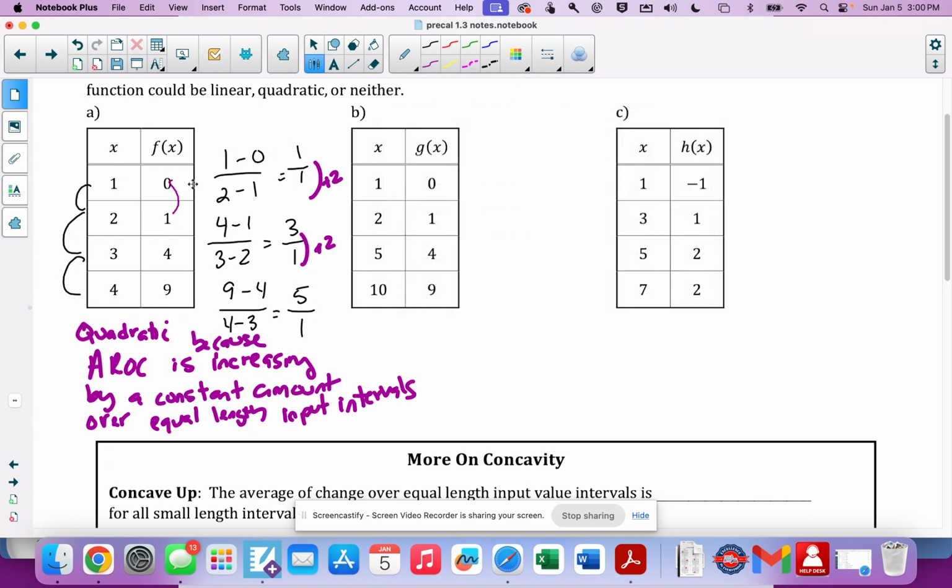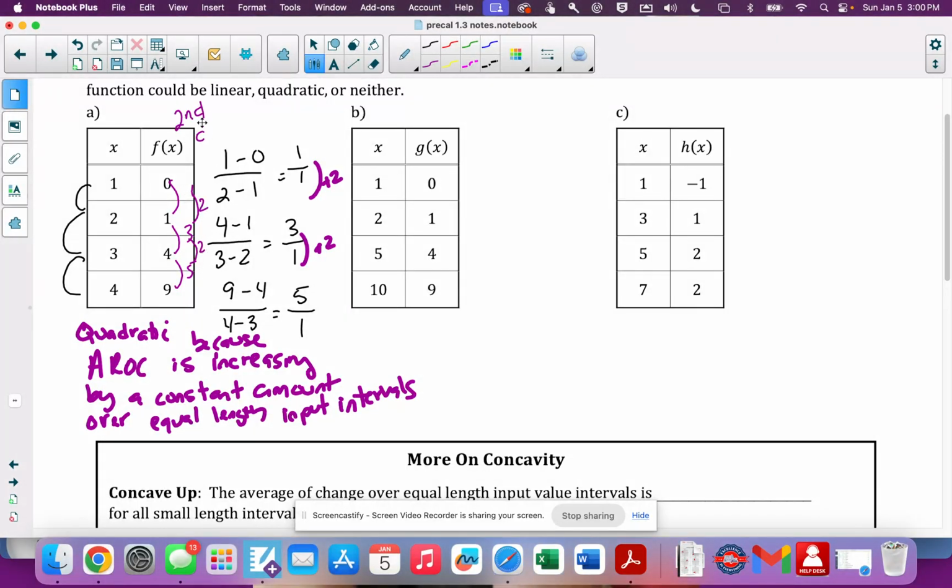Okay, so take the first differences, 1, 3, 5, obviously not linear because it's not matching up. So take the second differences, 2 and 2. So your second differences are equal. So therefore, this is a quadratic function. So you can show this both ways. This is probably the more formal way, and it's something that you'll see more when you take calculus, if that's what you're planning on taking next. But this is a really, really good way to explain it.